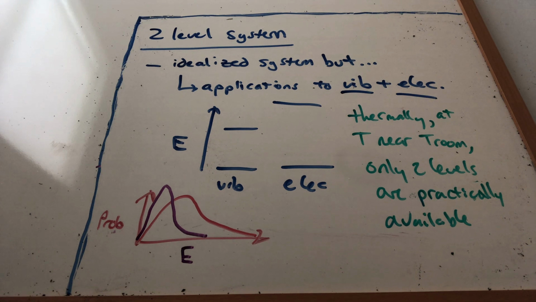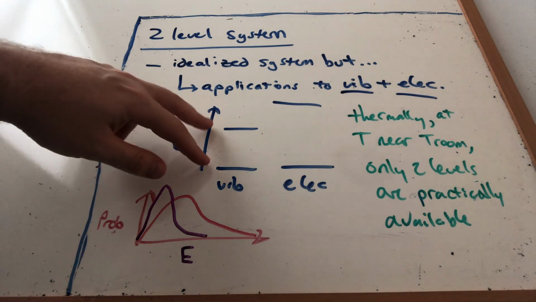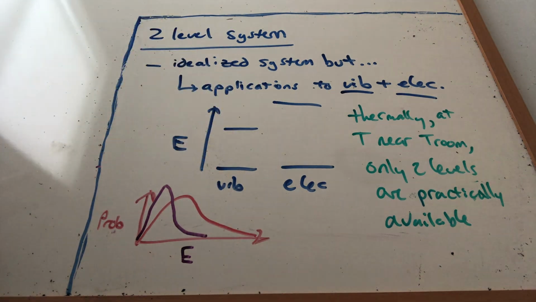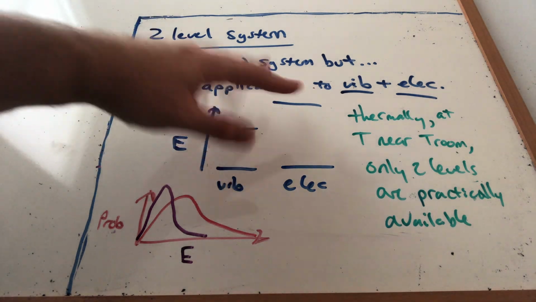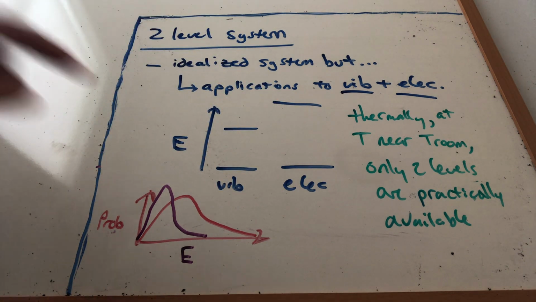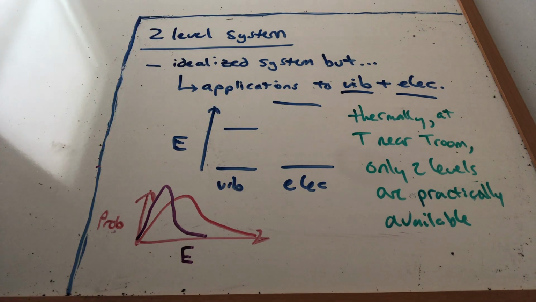Okay? So thermally, we can kind of see this play out as, it really only looks like there's two different energy levels that we ever really have to consider at all. And then that kind of encapsulates the whole behavior of that situation. Okay. So there are some applications to real world situations.